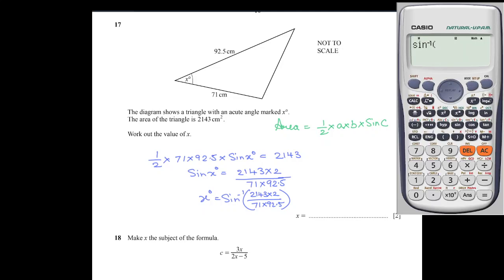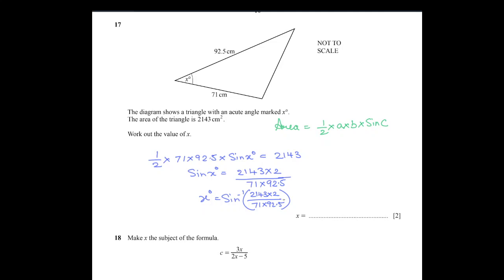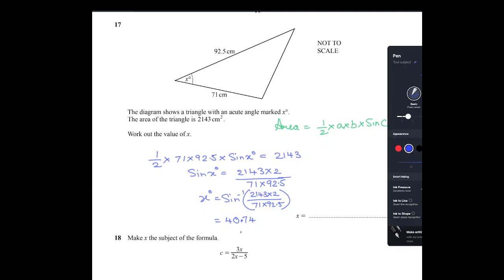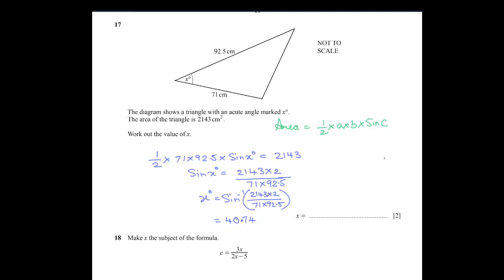Sine inverse of 2143 into 2 by 71 into 92.5 gives 40.7384. You can round it to 2 decimal places. So x degrees, the x value, is 40.74.